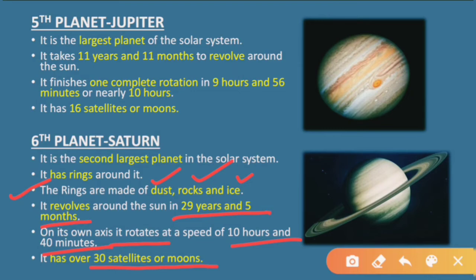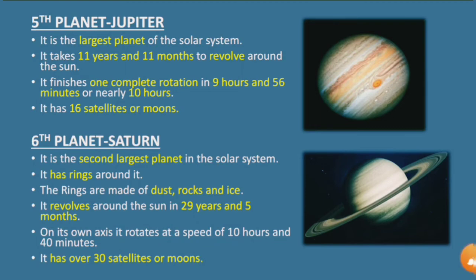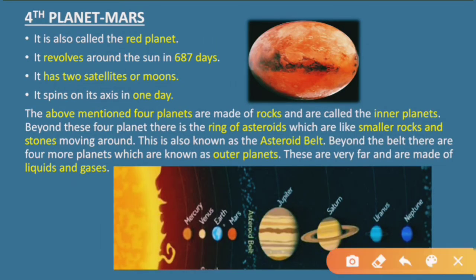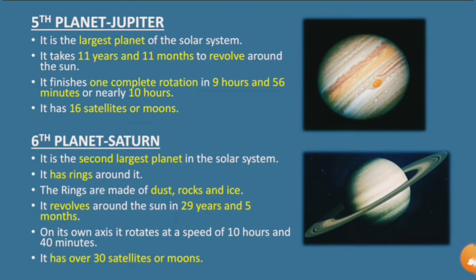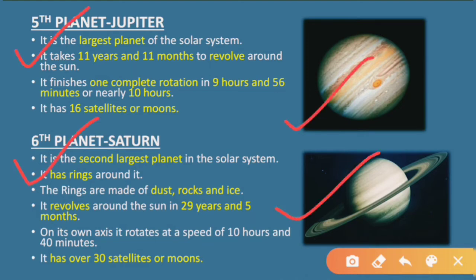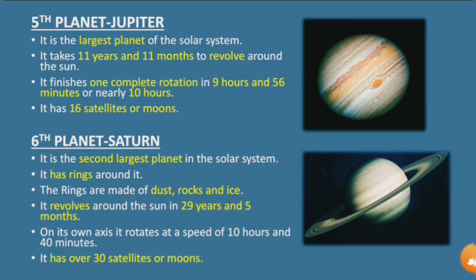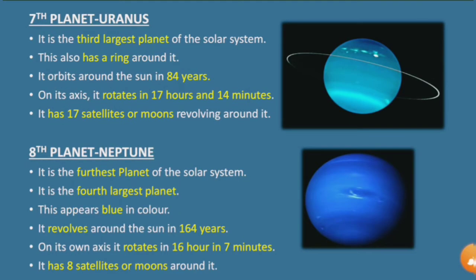Students, you can see in this picture, the first largest planet is Jupiter and the second largest planet, large in size, is Saturn. We have studied these two, that the fifth planet is Jupiter and the sixth planet is Saturn. You can see this picture for better understanding and reference. Moving to the next planet, the seventh planet, Uranus.